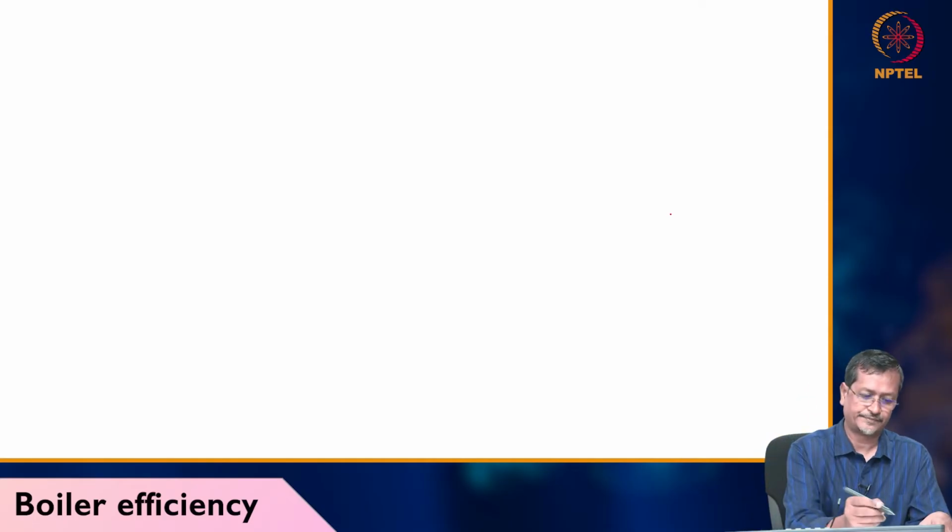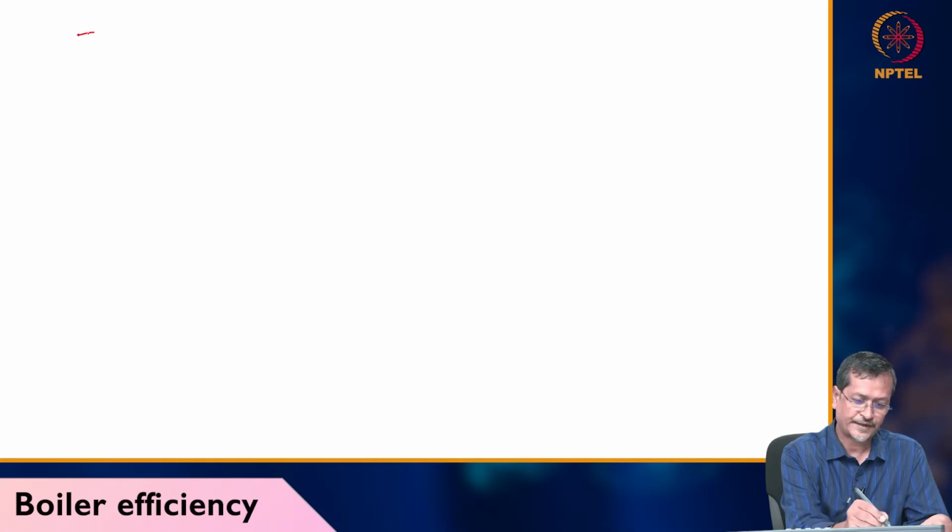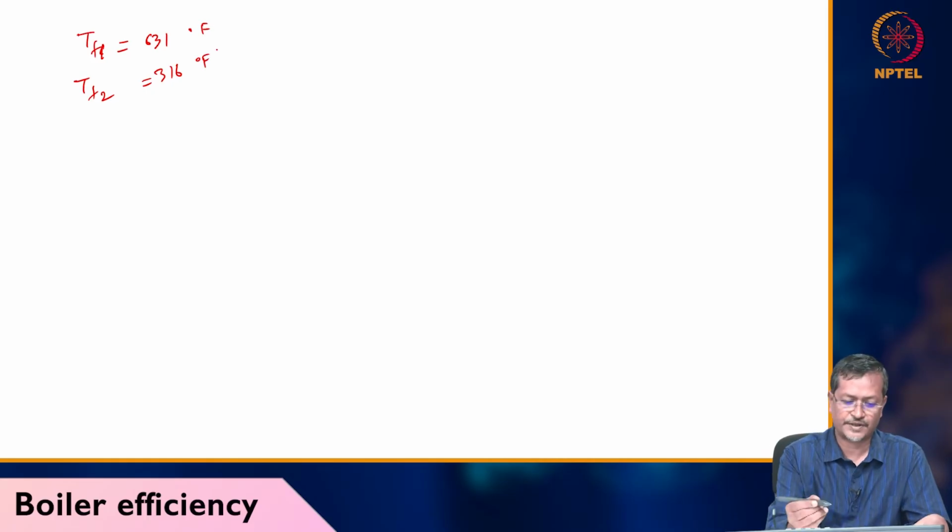So how to solve it? To solve it, flue gas entering temperature TF1 631, TF out 316 degree Fahrenheit. So you are taking degree Fahrenheit, so all must be degree Fahrenheit.